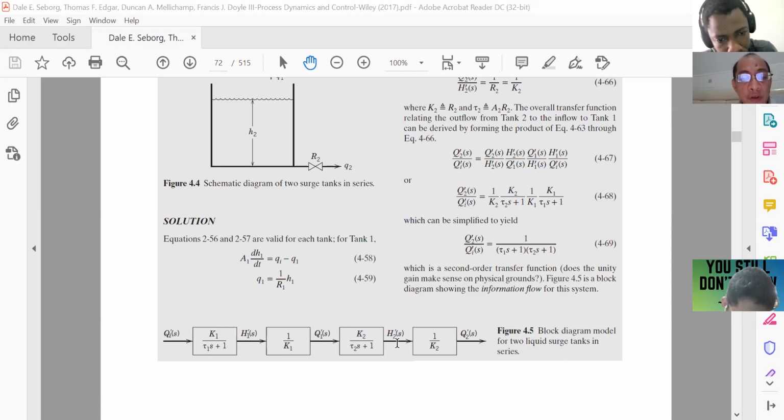And we multiply those transfer functions.